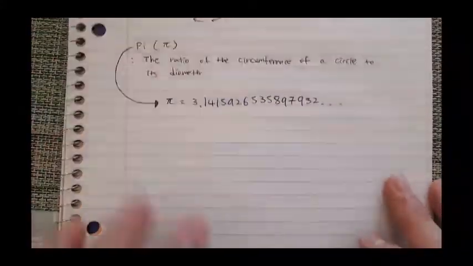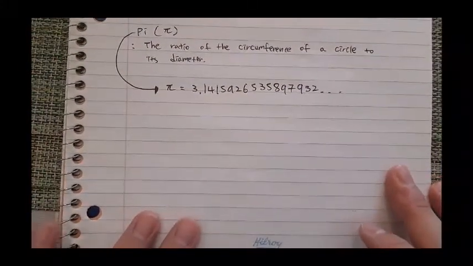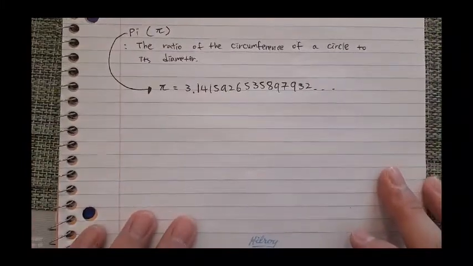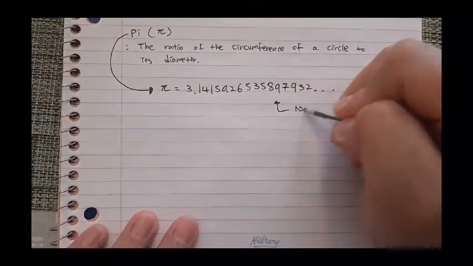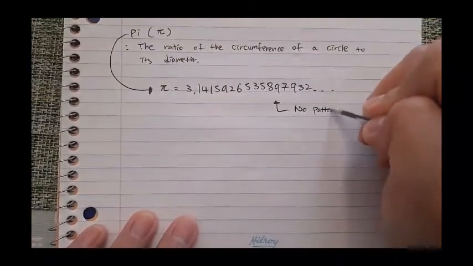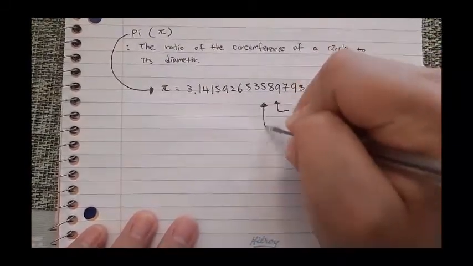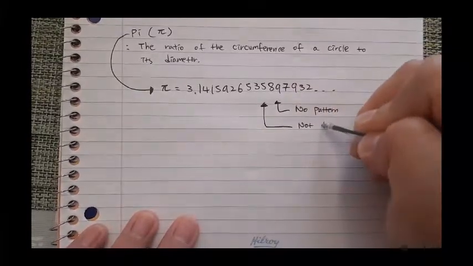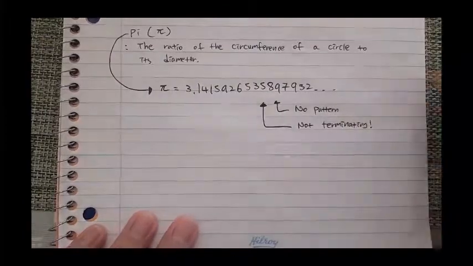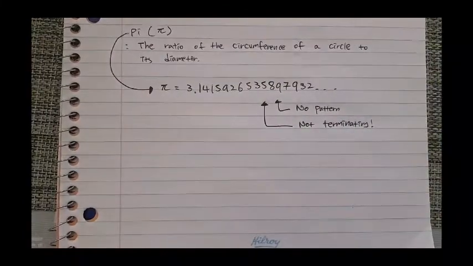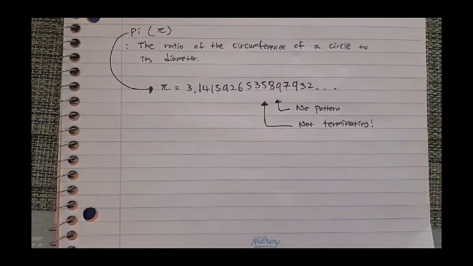Pi is one of the numbers that you will learn in junior high for sure. First of all, it has no pattern, and at the same time, it's not terminating. So we call this an irrational number in high school.